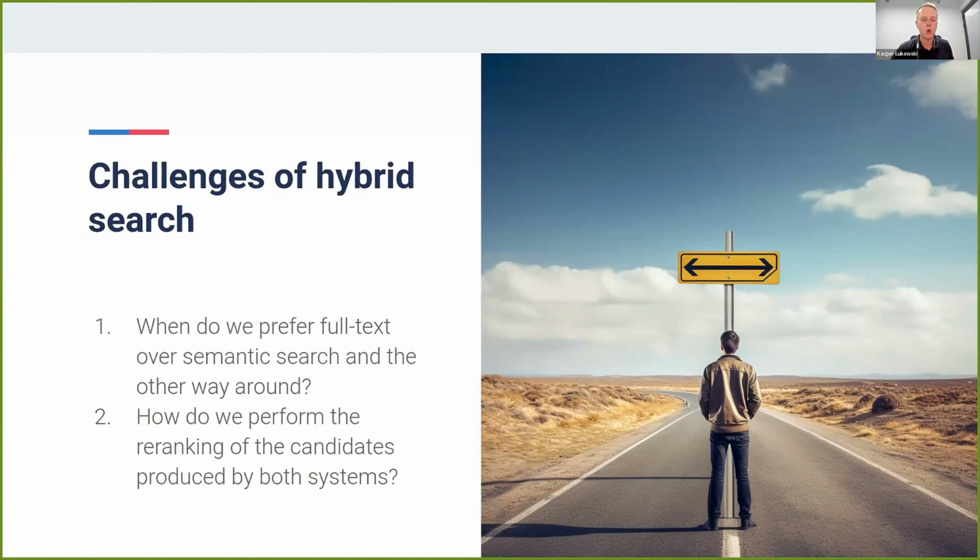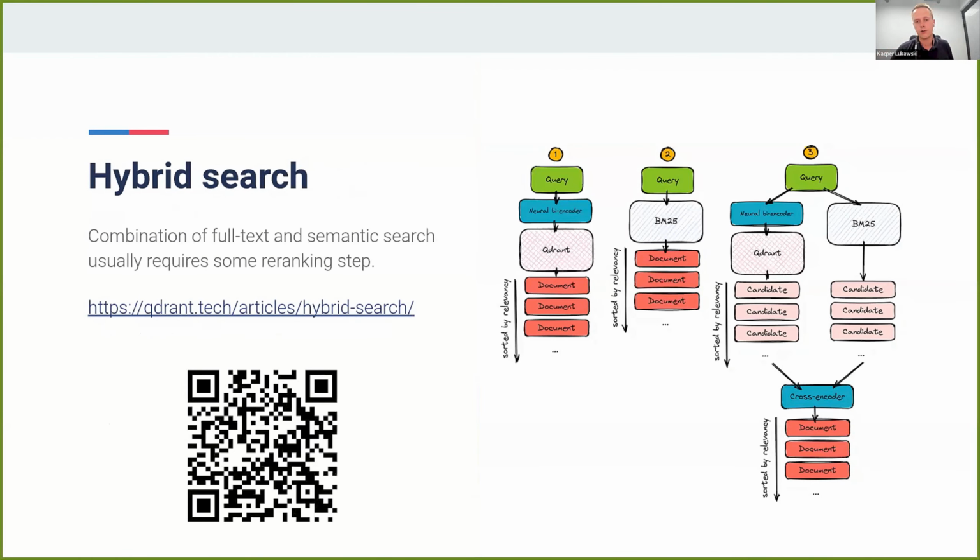This is still an open topic, and we have a pretty interesting article about hybrid search on our website. The QR code will point you directly to the article, but there is also a link. We describe different ways of integrating BM25, which is one of the most popular algorithms used for full text search, how to combine it with vector search, and we compare different options. So if you are interested in seeing some numbers, it's a pretty interesting article.